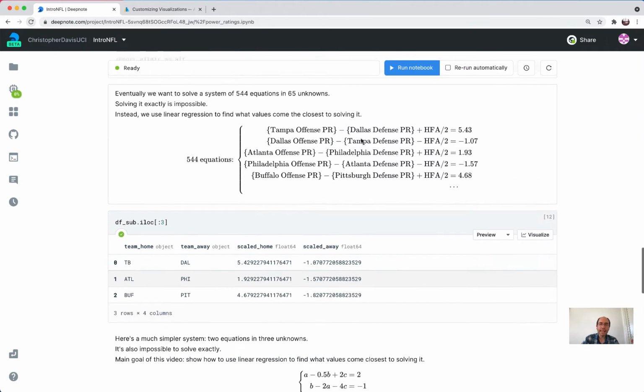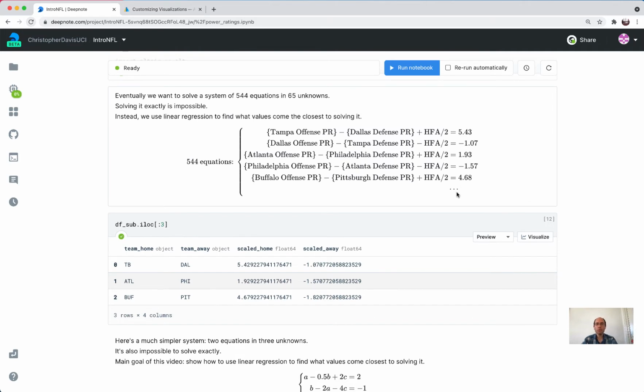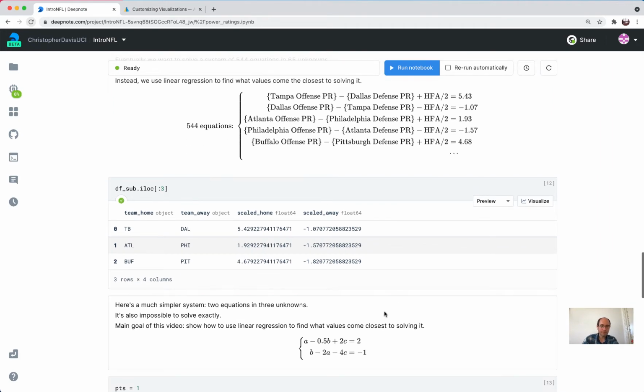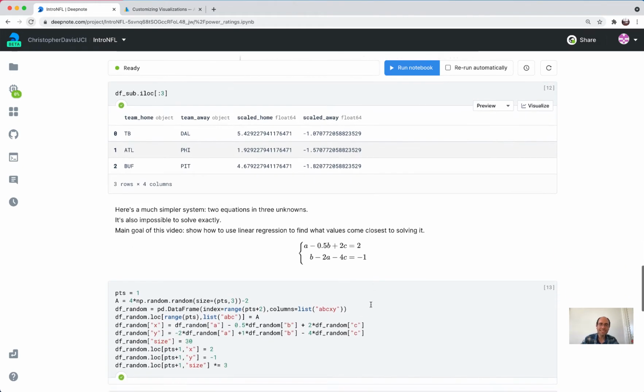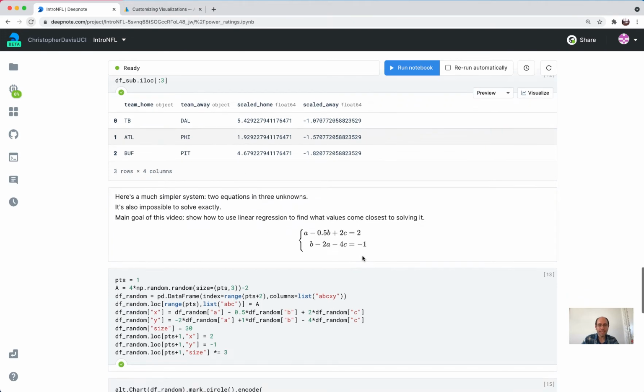The analogy for what we're eventually going to do is we're going to be in some big 544 dimensional space, trying to get the point 5.4, negative 1.1, 1.9, etc. But we're never going to be able to visualize that. Even in 3 dimensions, it's already hard to visualize. So here I want to do it in 2 dimensions.